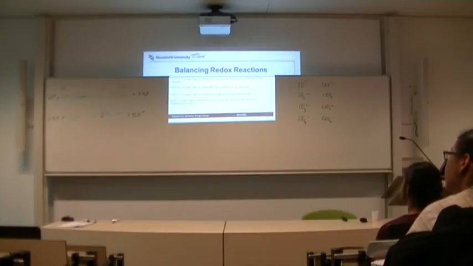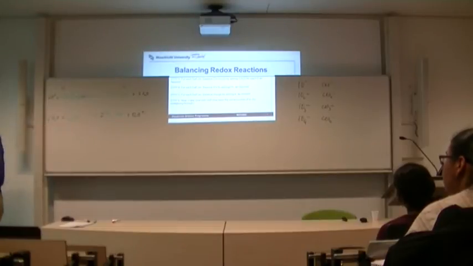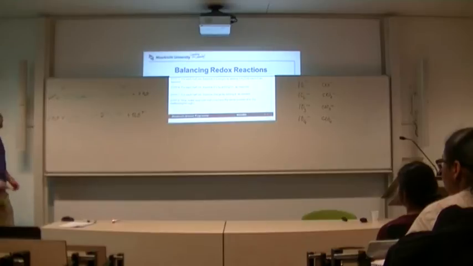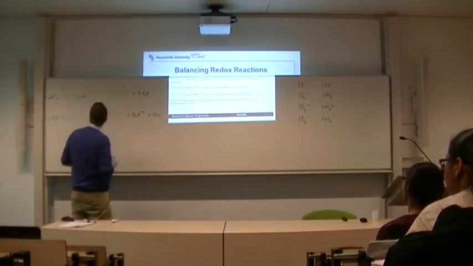Right, what about the bottom half reaction? On the left, I've got what charge? 0. And on the right? 10. So what do I do? Add 10 electrons to that side. 10 electrons. Is that correct?